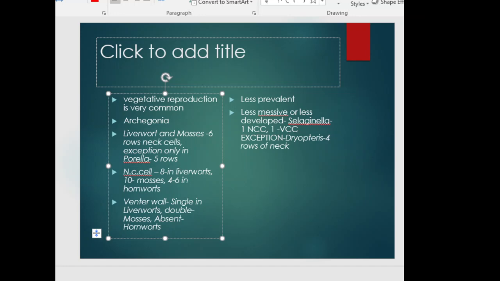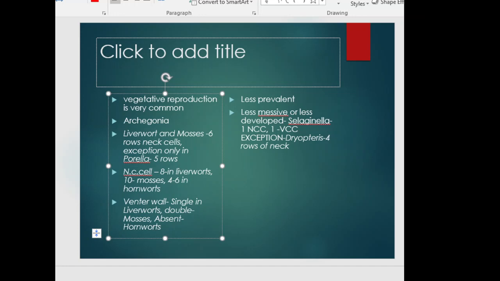Exception is only in Riccia where 5 rows are present, while in the pteridophyta, archegonia is less massive or less developed. In Selaginella there is only one neck canal cell, one ventral canal cell. Exception is only in Dryopteris where 4 rows of neck are present.